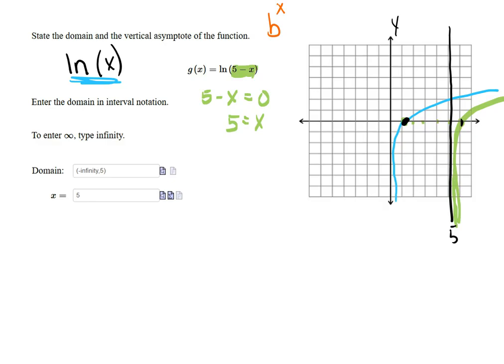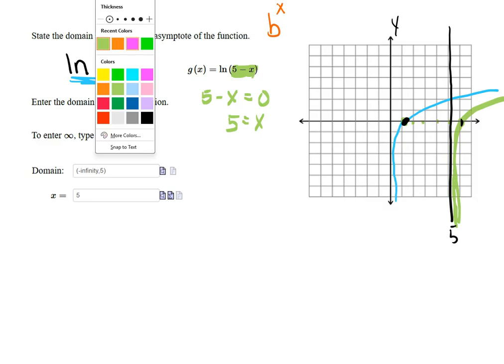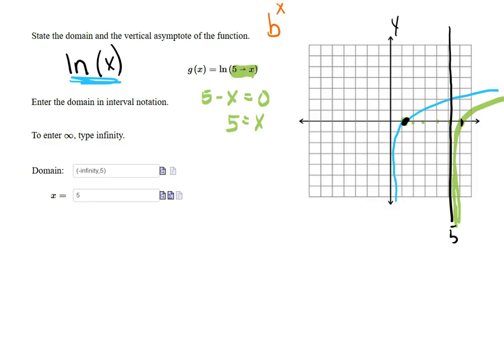Now, there's one more thing that happens. Because you have a negative x, this thing is going to spin around your asymptote, kind of like a weather vane, vertically.